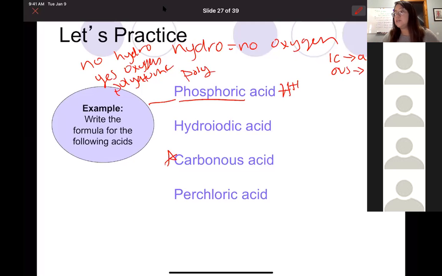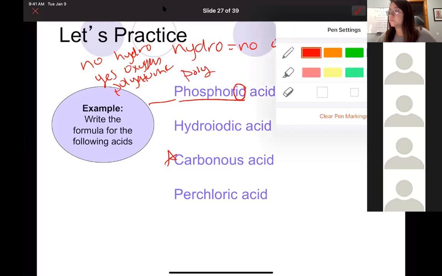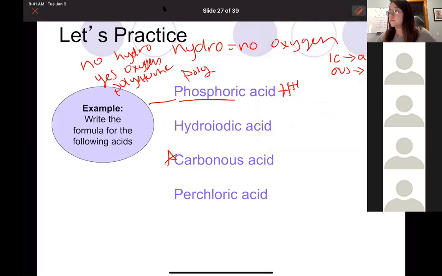Now, what do we change ic to? ATE. Yes, ATE. And by the way, we actually take off the whole ORIC, and the reason why we take out all ORIC is because phosphate and sulfur are very tricky with their naming.